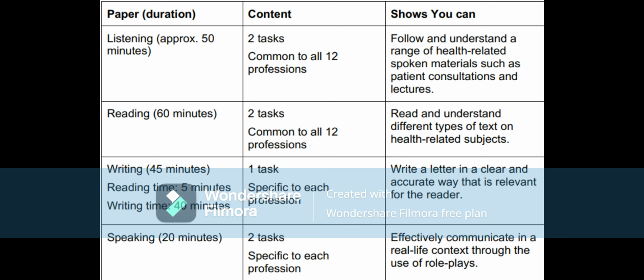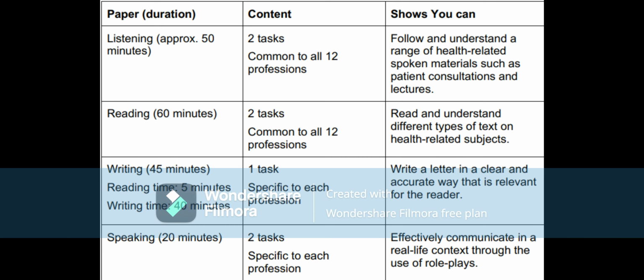In speaking, you communicate effectively in a real-life context through the use of role plays. They will give us 2 role plays to see whether we are able to communicate effectively with our patients or not. This speaking should never be tough for us, because we are handling our patients on a daily basis and talking to them.